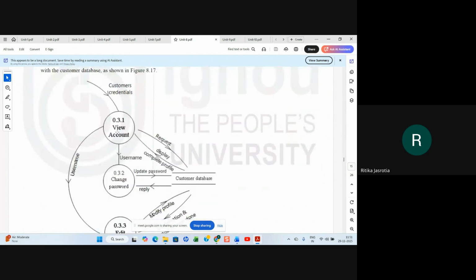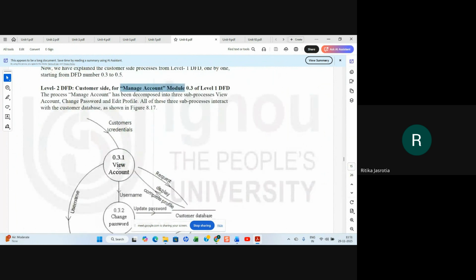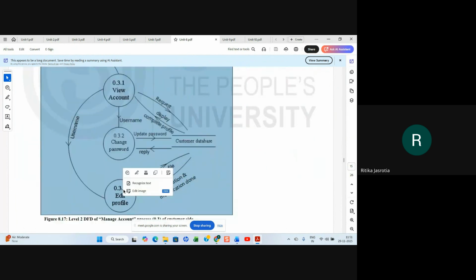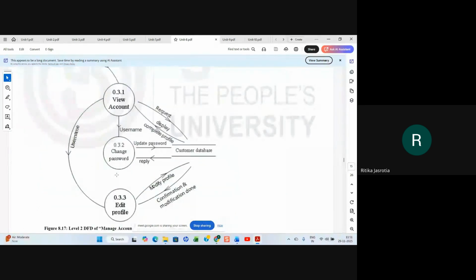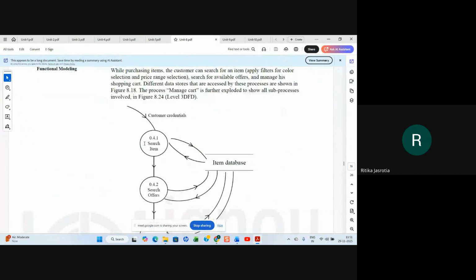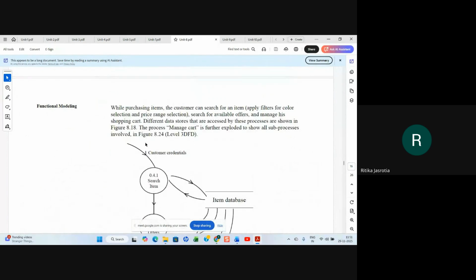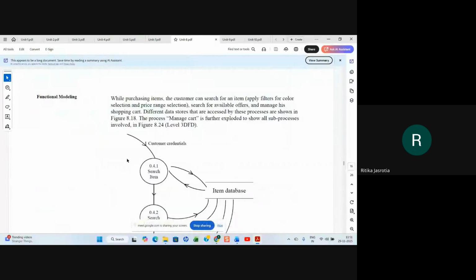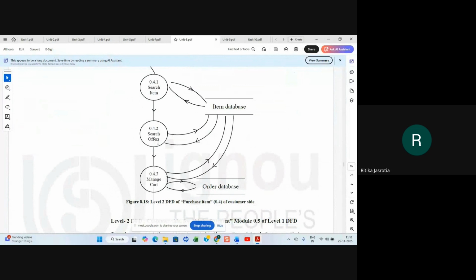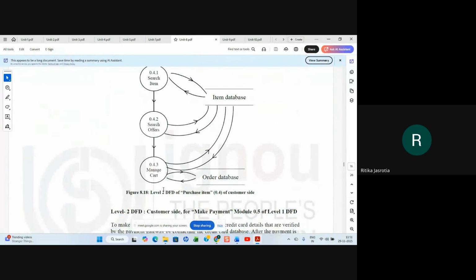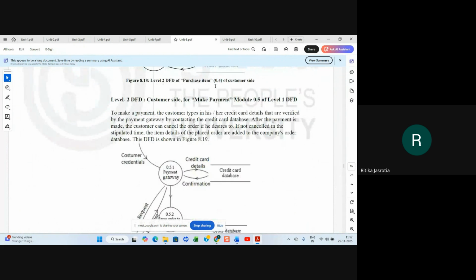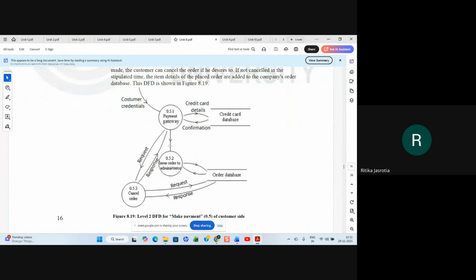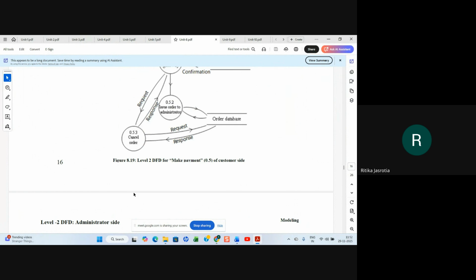Manage account will have view account, change password, edit profile from the customer database. They can do that, right? Then purchase item also they are explaining in level 2: search item, search offer, manage cart. Make payment also: payment gateway, item order to administrator, or cancel order. This kind of thing.